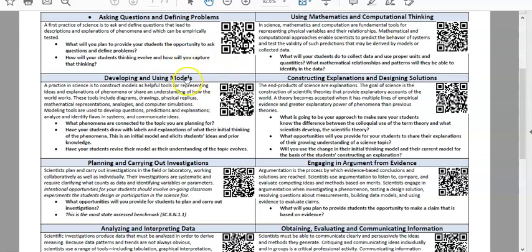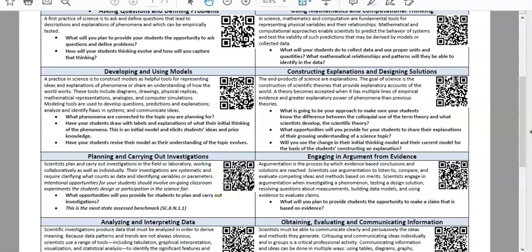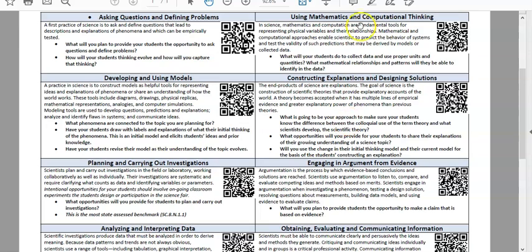If this phenomenon leads into an investigation, maybe you have the students plan out their own investigation, lay out the steps they would need to do in order to solve the phenomenon or explain it further. When they do that, they may have an opportunity to gather and analyze data. They may have some opportunities to do some mathematical and computational thinking.